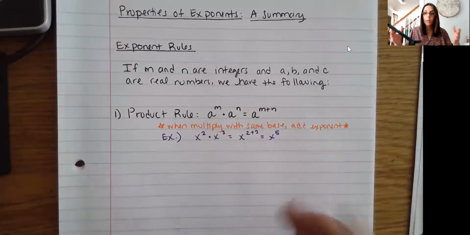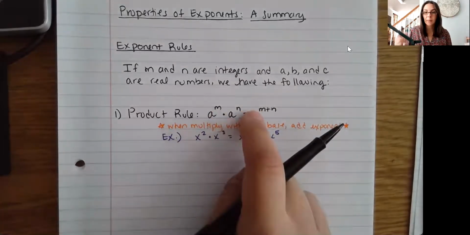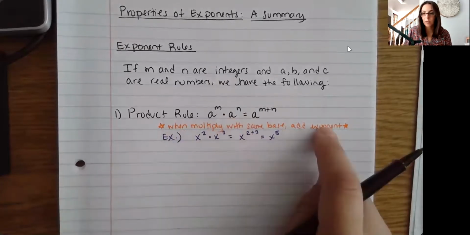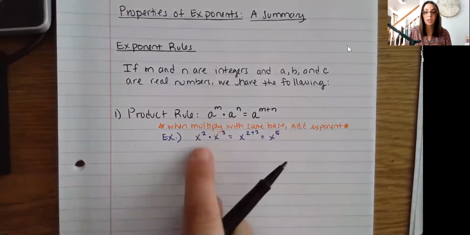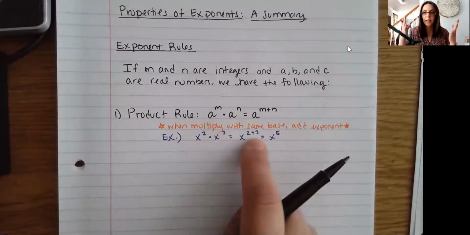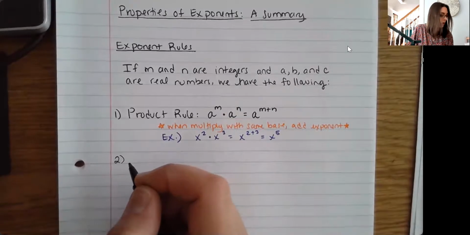If it's been a couple of weeks and I'm preparing for an exam or a final, I may have forgotten what this means, or maybe I'm just not good at reading symbols in math. So I think it helps to write in words what you're supposed to do, and then give it a short example. If I see something like this and think, oh, I add them, that hopefully will jog my memory. So that was the first rule that we looked at.